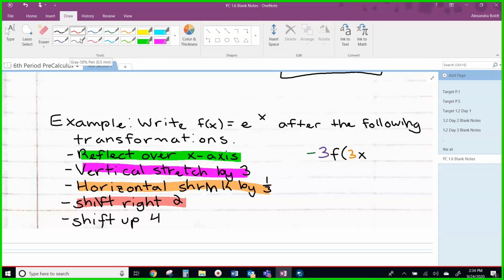But since it's opposite, we're going to flip it to do -2. And then finally, we're going to shift up 4. Shift up is outside of our parentheses, so I closed them already. And since it's outside, we don't have to flip it, so it's still just +4.